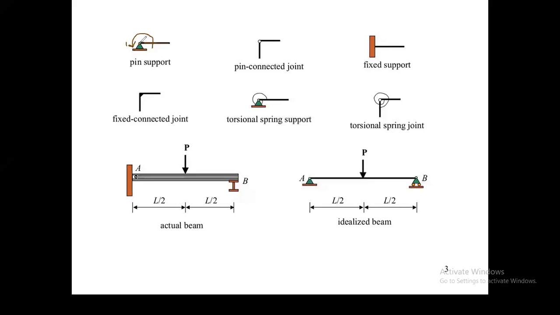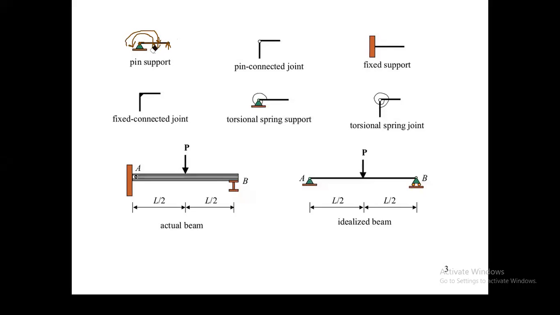In this type of pin connection, there is a pin. If you apply a force here, the pin can rotate in the anti-clockwise direction, about this pin point. If you apply the load in the downward direction, it can rotate in the clockwise direction.